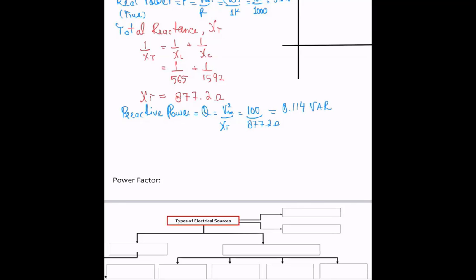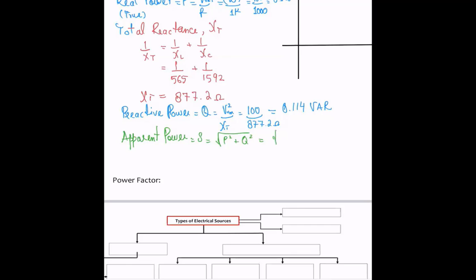Now, if I need to calculate the apparent power, the symbol is S for that. We know that it is equivalent to taking the true power or real power squared plus the reactive power squared, under a square root.